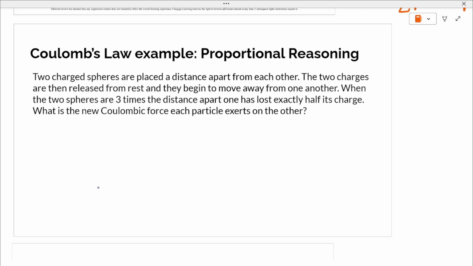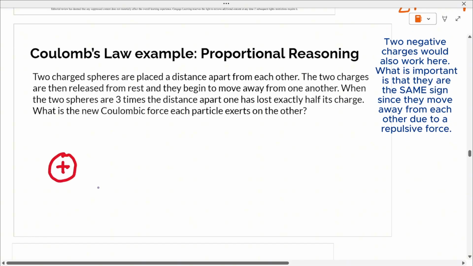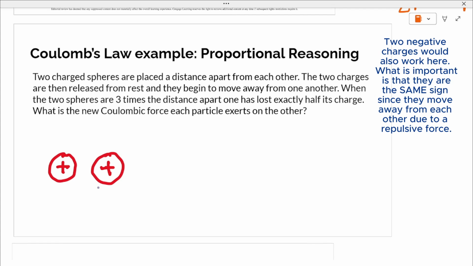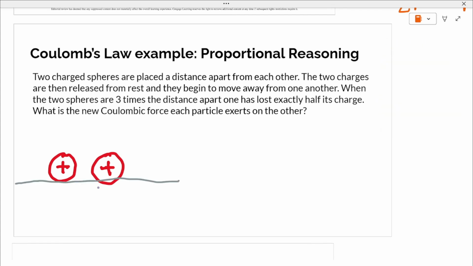So since they both move away, we know that they're both the same sign charged. So say they're both a positive charge. Say we have two charged spheres on some smooth surface, so friction is negligible, and they're just sitting on here.